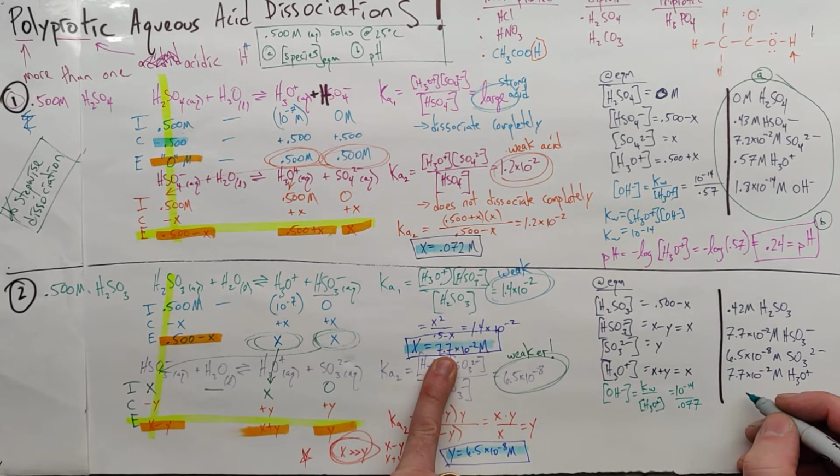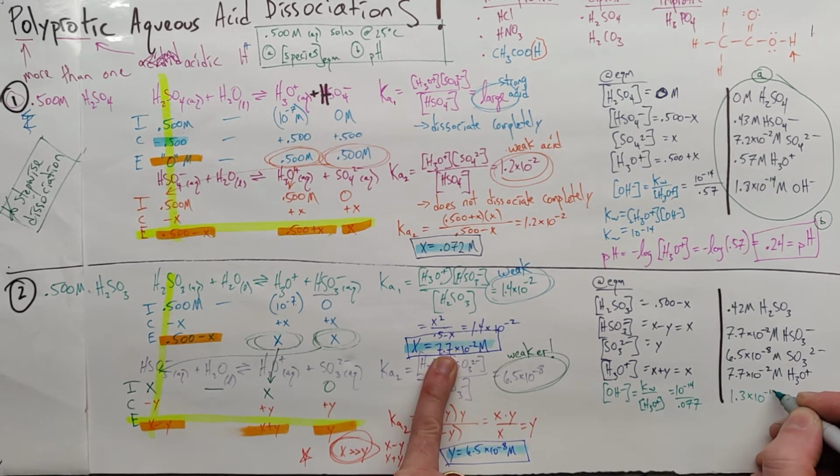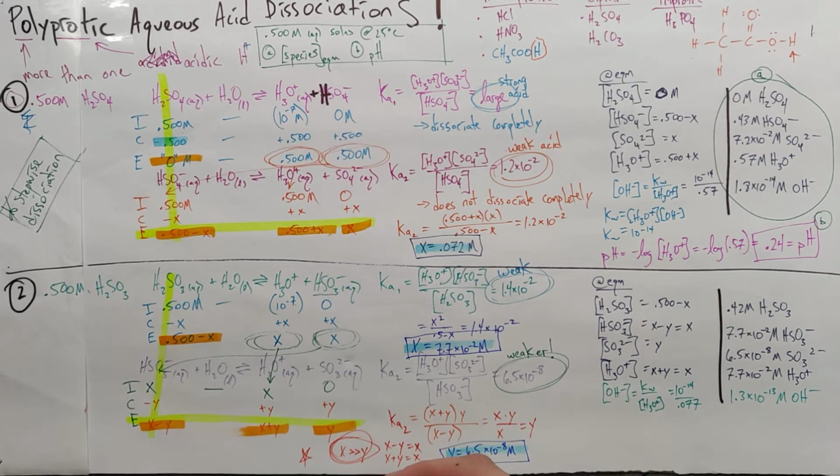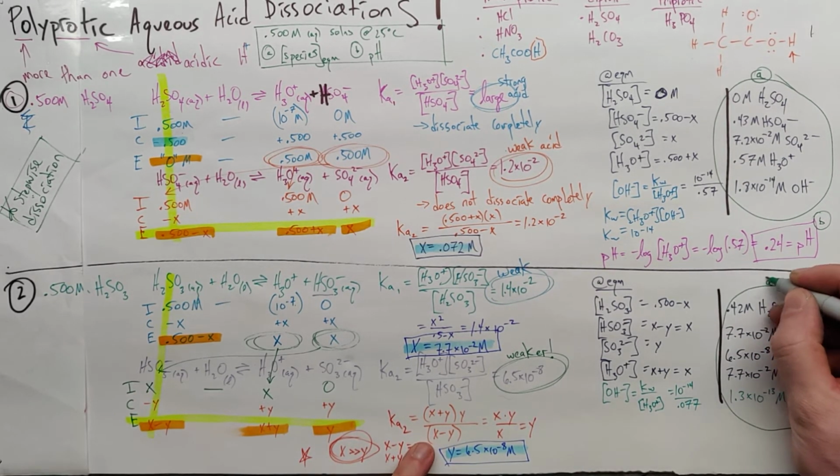And we end up, in this case, with 1.3 times 10 to the minus 13th molar OH minus. So we've got those things. That is, at equilibrium, our concentration of all the species, part A.